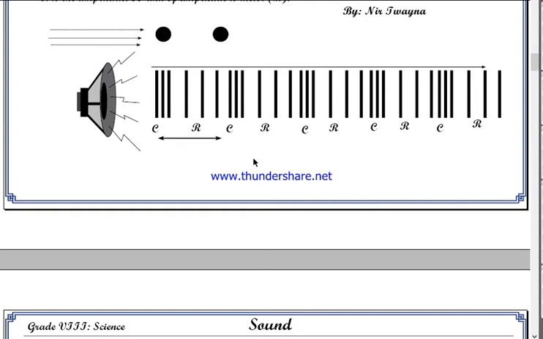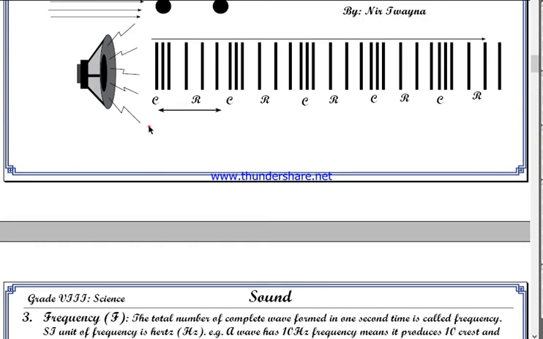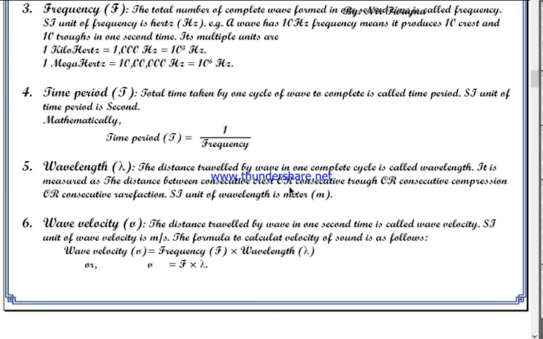But the original method is to take the distance of one compression and one rarefaction. Now here you don't need to write this crest and trough.